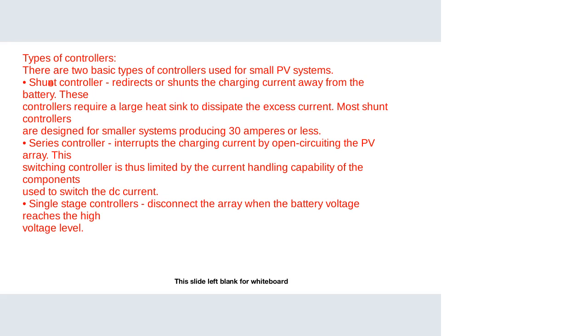We have the shunt controller here. This one directs or shunts the charging current away from the battery. These controllers usually require a large heat sink to dissipate the excess current.